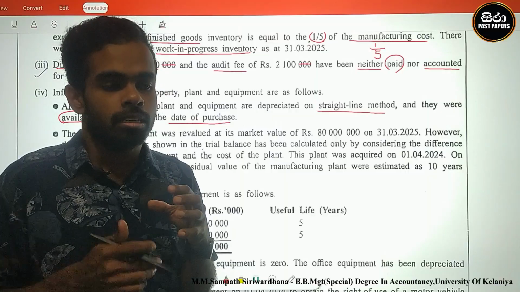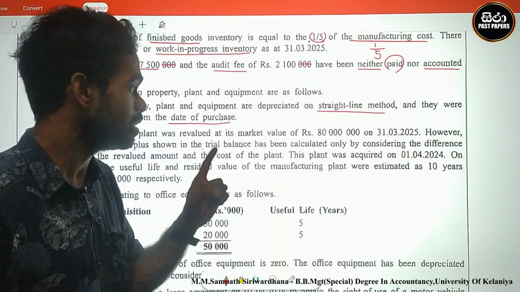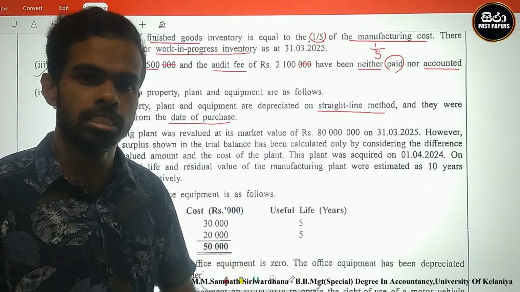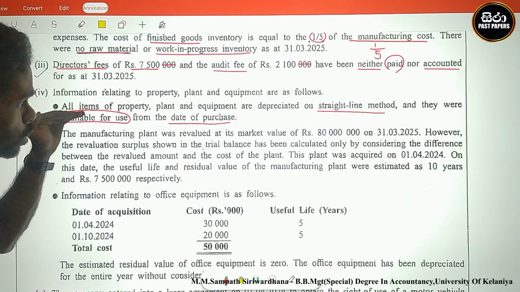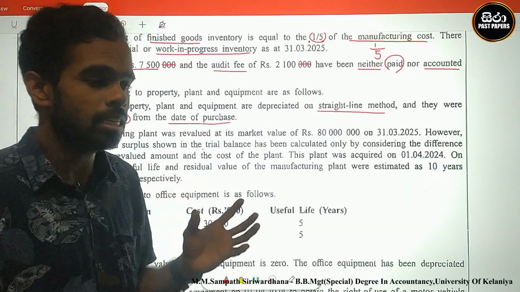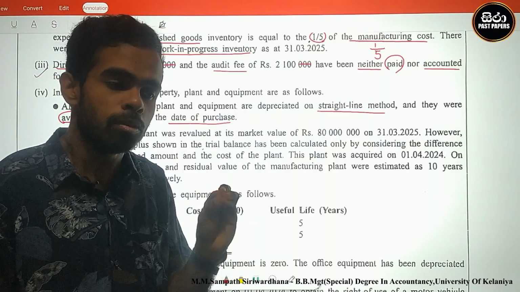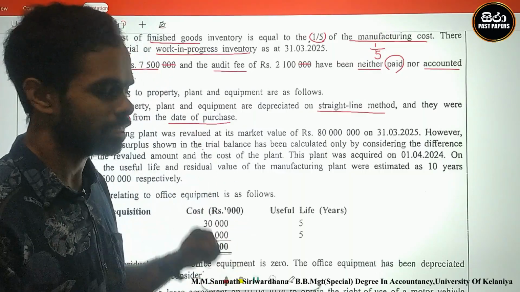Again, I said depreciation commencement date is not a purchase date. This is available for using date. Okay, this is a usable condition date. At that time, they said that available for use from the date of purchase means the purchasing date and available for using date is the same. Therefore, we can depreciate at the purchasing date.